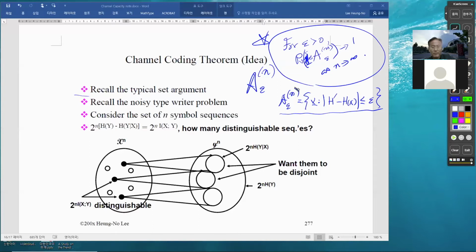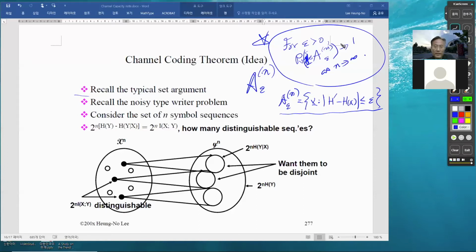And then the probability that x from the random experiment belongs to the typical set goes to 1 as n goes to infinity.